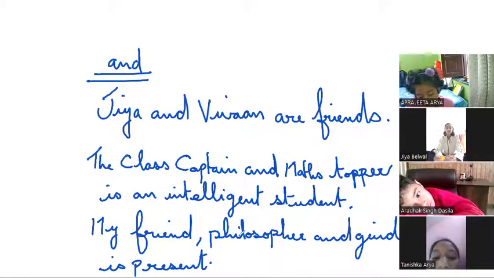So I'm referring to the same person who acts as my friend, my philosopher, and my guide. Just remember this. Okay? If I'm referring to the same person, I will not use a plural verb, I will use a singular verb.